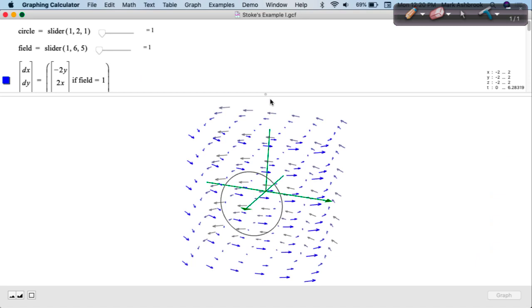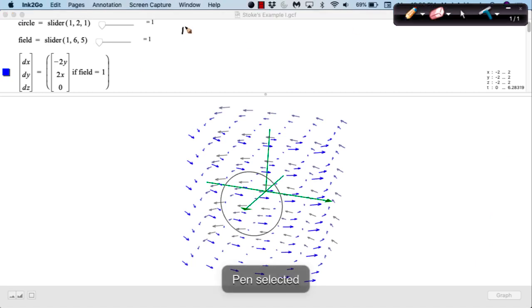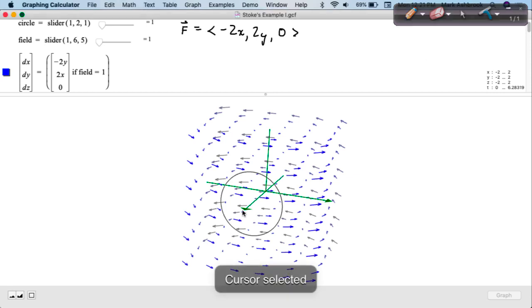So I've got this vector field, which is minus 2y, 2x, 0. This is a nice illustrative example of Stokes' theorem. So if that was a little hazy, it's understandable. This is kind of hard stuff, but I think this example really helps. So here's this vector field, negative 2x, 2y, 0. Sorry, is it the other way? Yeah, negative 2y, 2x, 0, thanks.